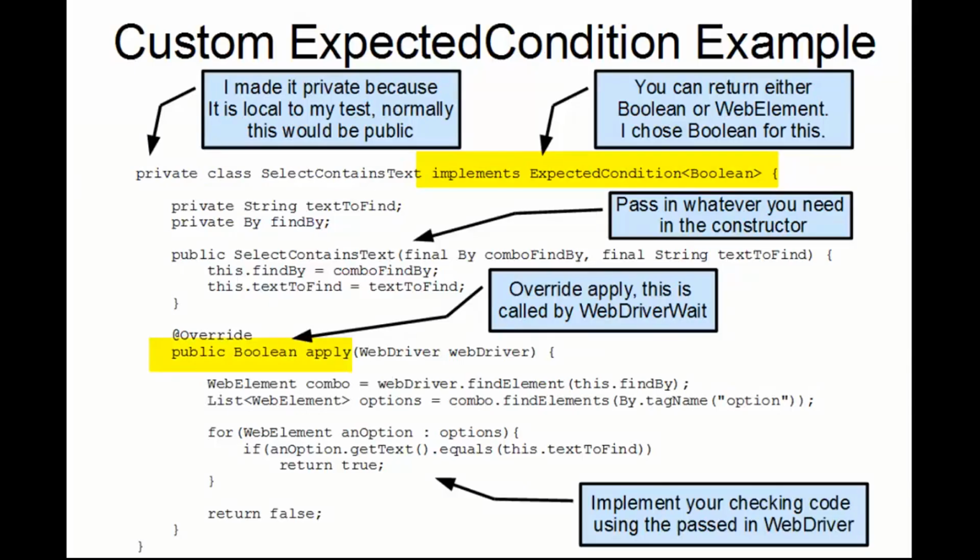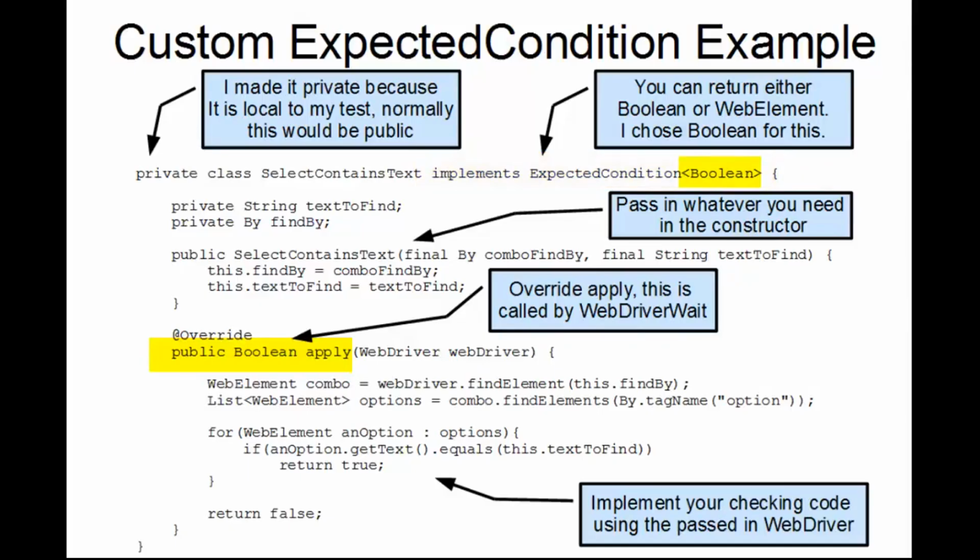Now we're going to cover this in more detail later on, but an expected condition, you've seen it return, if you used ExpectedConditions dot title is, then it returns a Boolean. If you used expected condition element is visible, then it returns the web element. So the expected condition itself can return a Boolean or a web element or pretty much anything you want. An expected condition, if we put it in as the generic there, can return whatever we want.